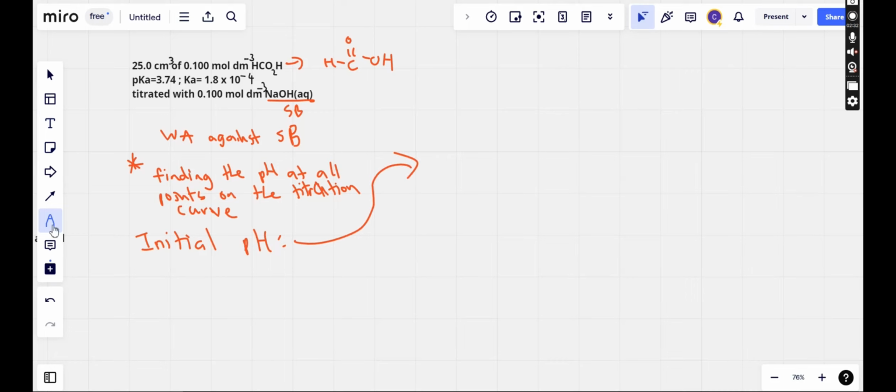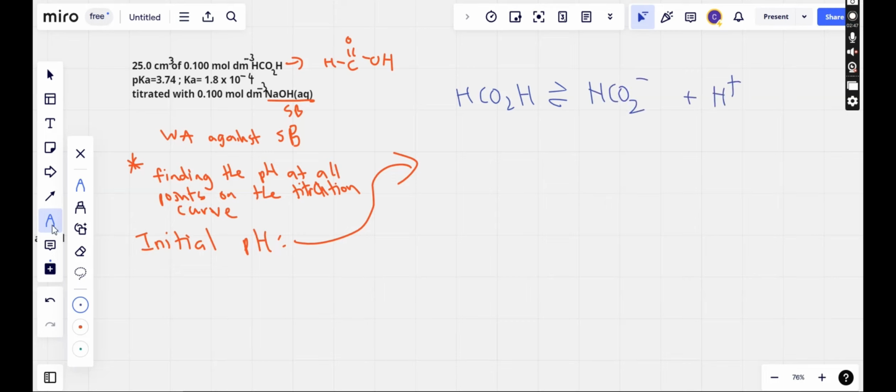Okay, and I'll just write over here. Let me write down the equation first. So HCO2H dissociates into HCO2 minus plus H plus, or you can also write the equation involving H2O, something like this, plus H3O plus.